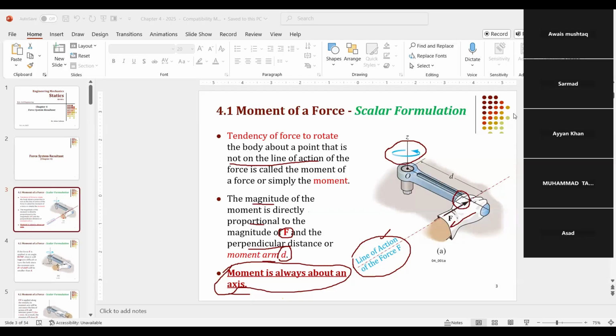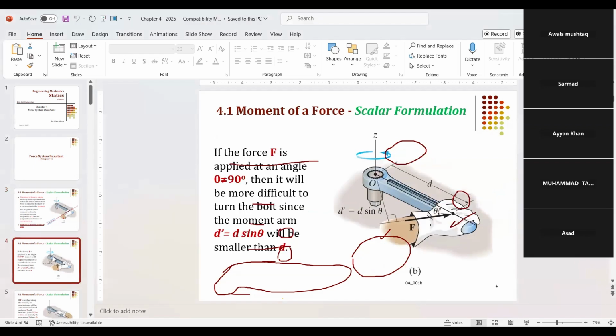That's the reason. Okay, yes, now I can move. Now I have to clear the screen. Let me see how I can clear the screen with these marks.